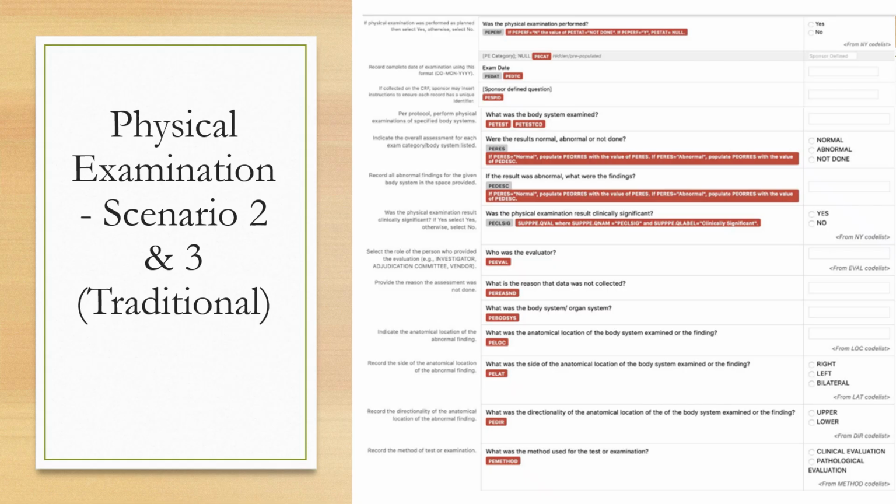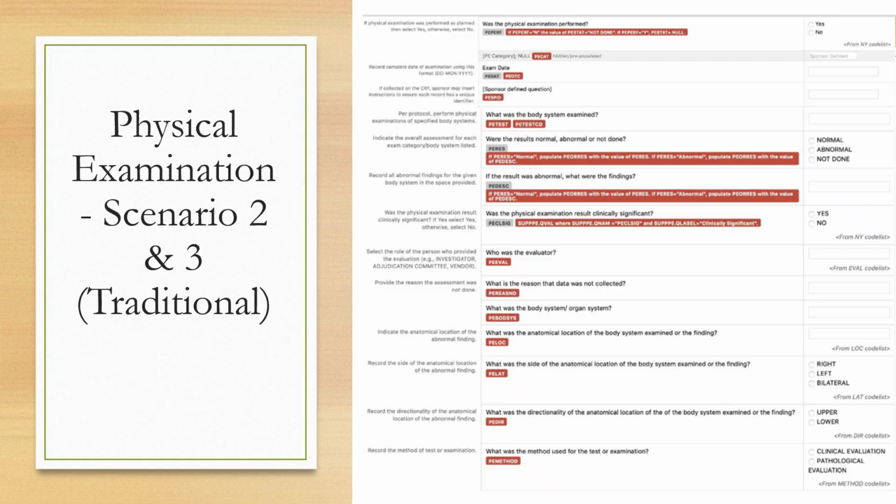Scenario 2 is the only scenario where you will capture all the information, whether it is baseline or post baseline assessments, in this PE domain. Also note that whatever abnormalities you are finding in the baseline visits will also be mapped to your MH domain and categorized as the medical history recorded at this baseline visit.